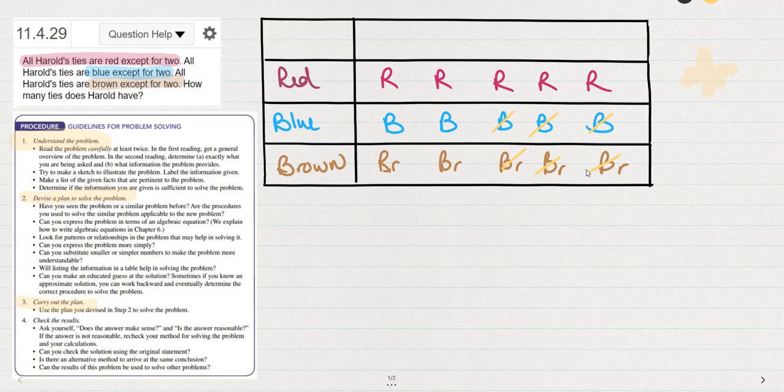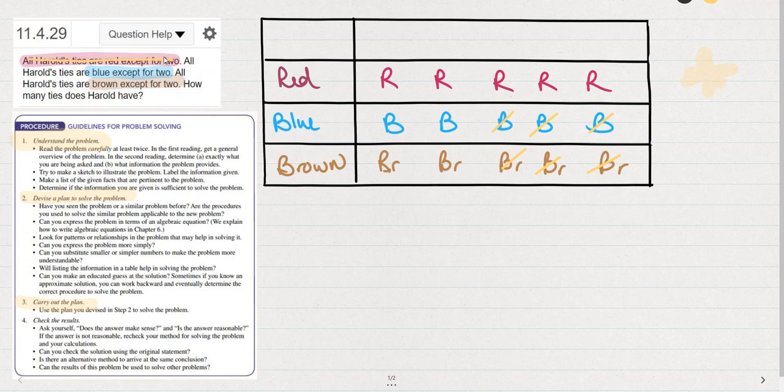He has 2 more, and so they might be 2 blue, or they might be 2 brown. So I know for sure there's no more than 2 blue or brown. So now I've used this one.